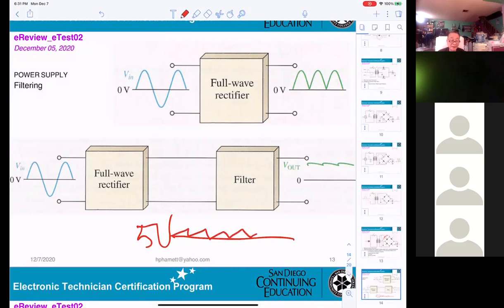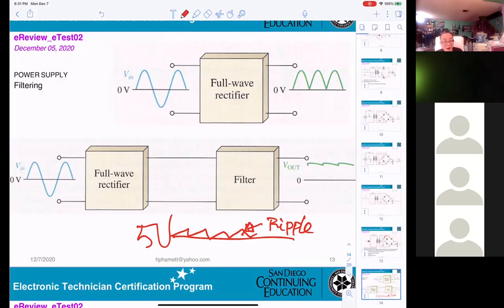That means the capacitor is charging and discharging. And that's why this one, what's the name? Sawtooth? Ripple. Ripple. Oh, okay. Now, what is the ripple? It's what they say is AC riding on DC, right?